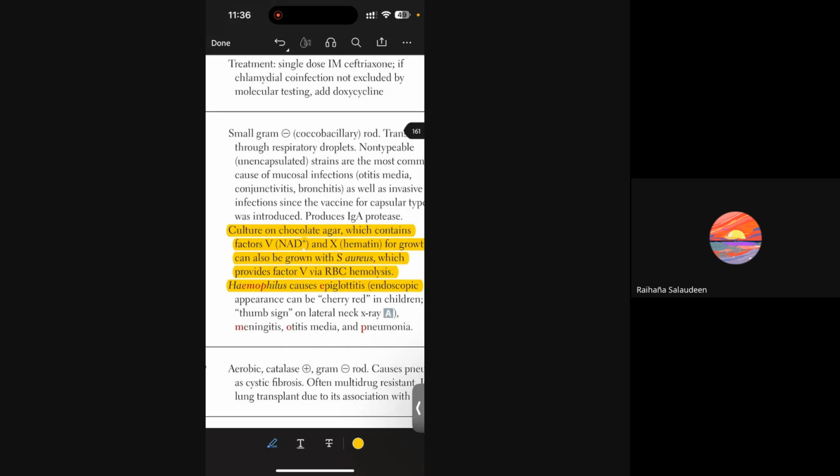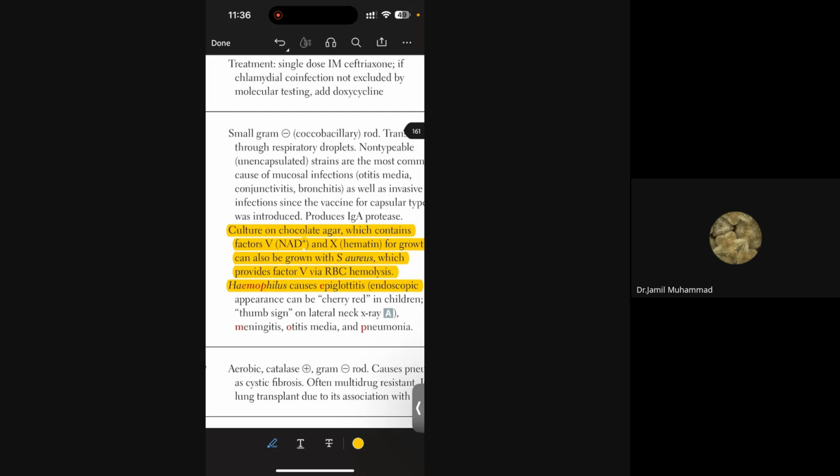And what infections does it cause? Epiglottitis. Remember, epiglottitis is an emergency condition. If you have to differentiate between epiglottitis and the other infection, croup: croup is not an emergency condition. In epiglottitis, the patient's condition deteriorates within 24 hours, and you have to give the treatment within 24 hours.